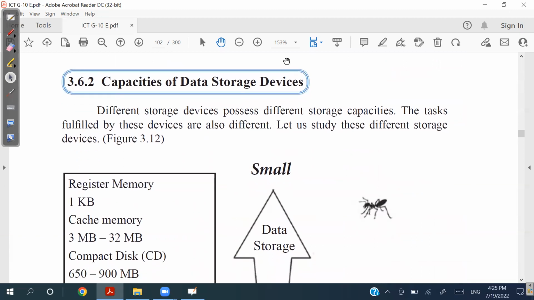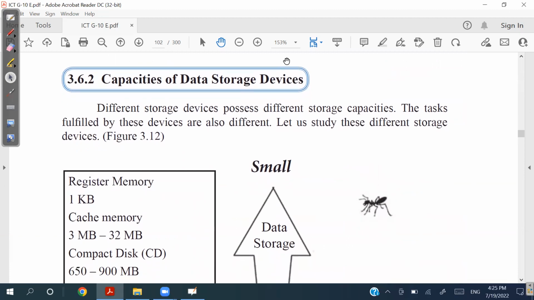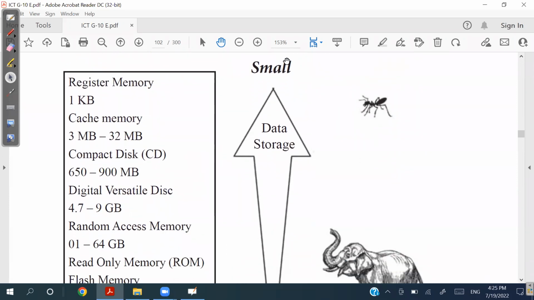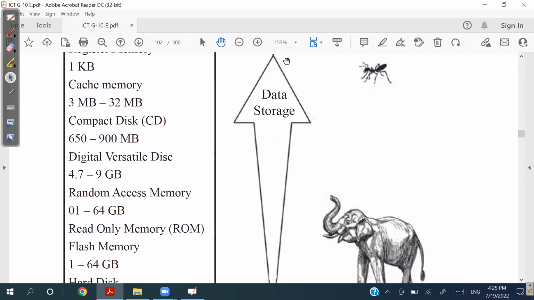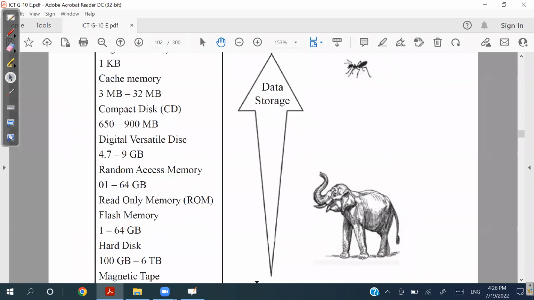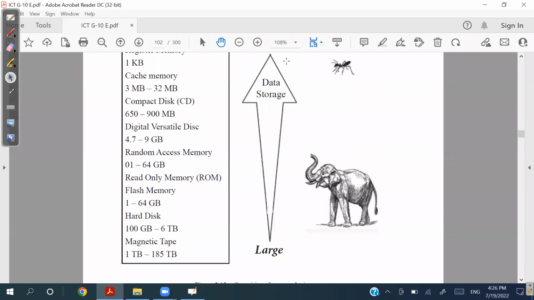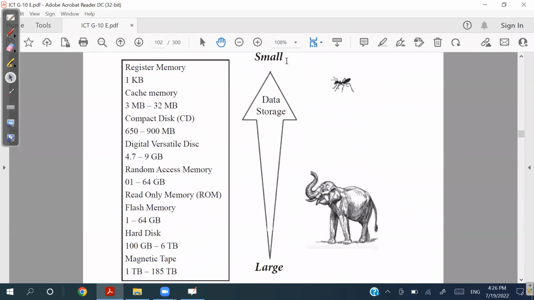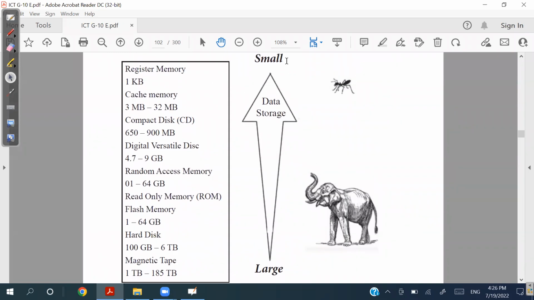Yes, now we have to talk about the capacities of data storage devices. This is something for you to know when buying a hard disk, right? And there is some theory in this lesson. Capacities of data storage devices are categorized like this. They are talking about the different types of data storage that we can find in the computer, starting from the register memory.